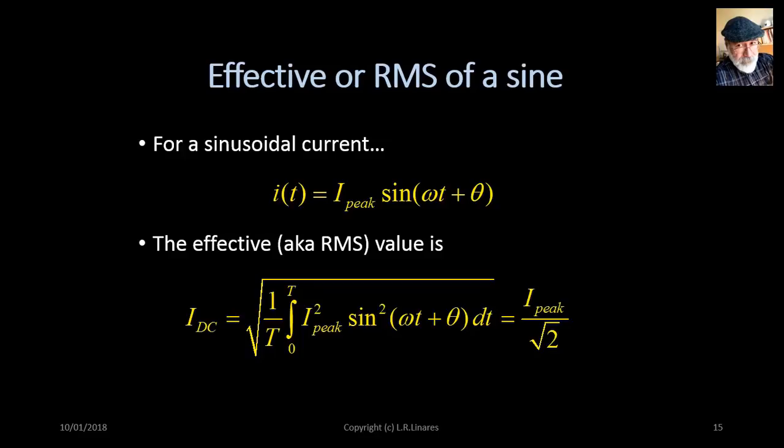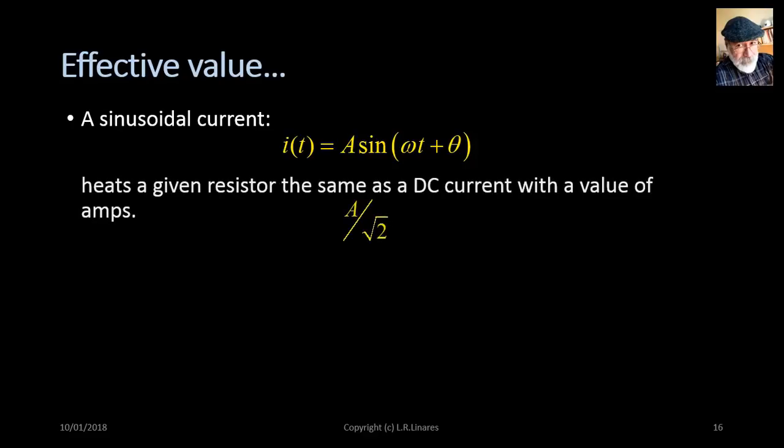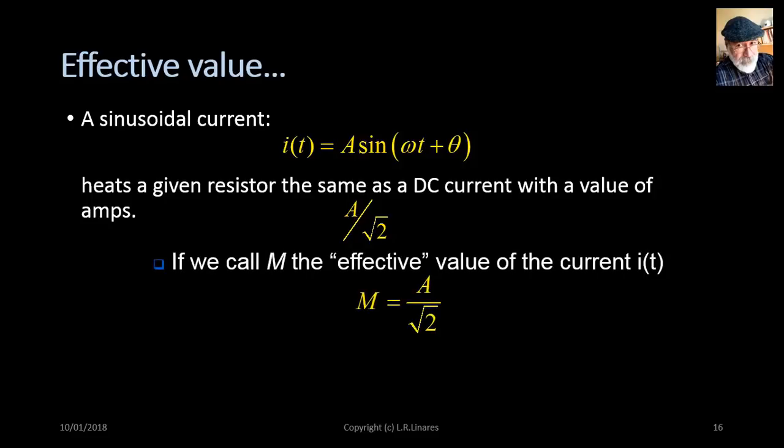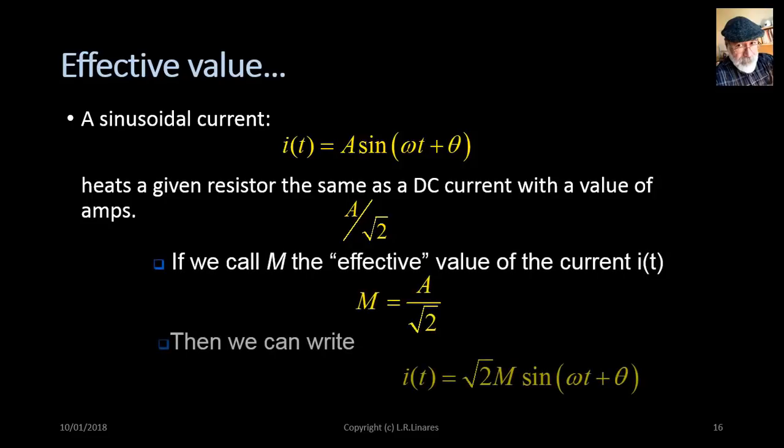That's how we find the effective value of a sinusoid. From now on, a sinusoidal current with a peak value A can also be written using its effective value A over root 2, this other way: root 2 multiplied by the effective value, instead of the peak value A.